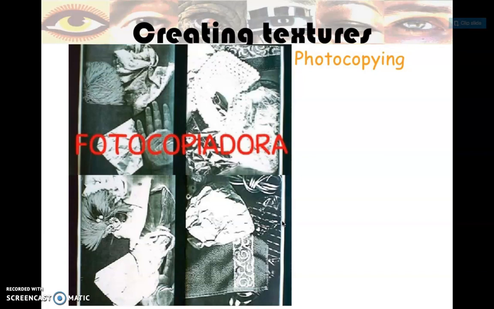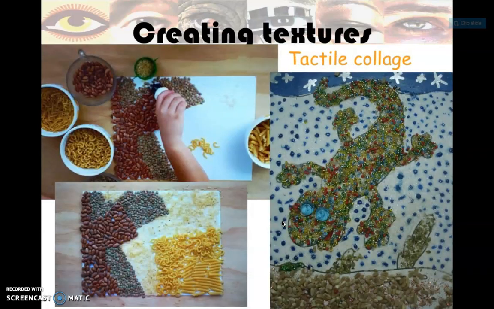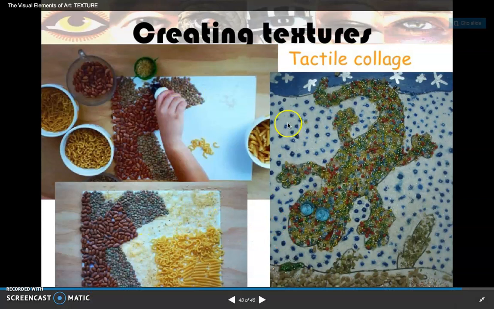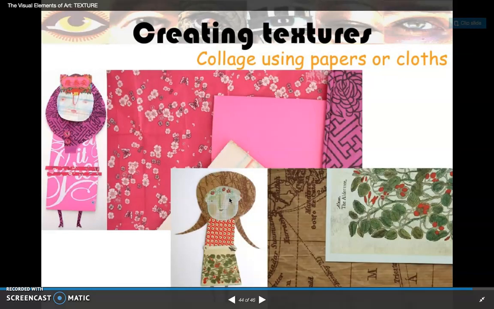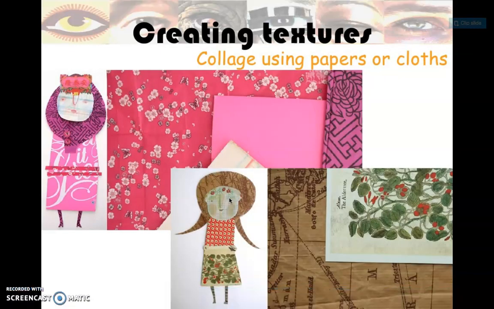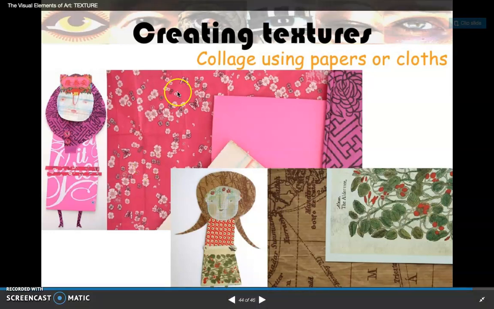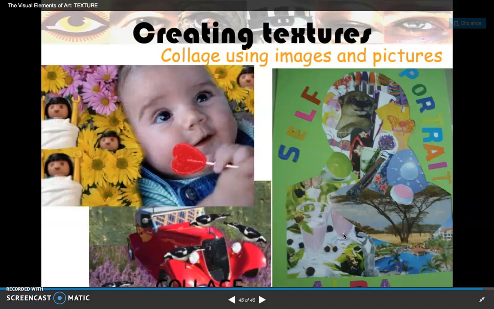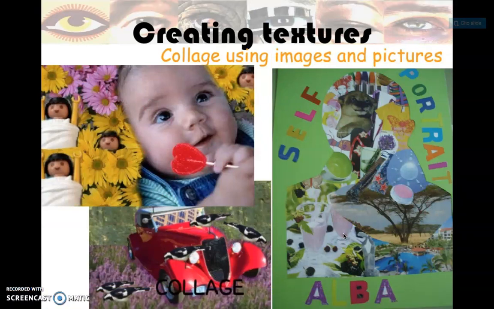Photocopy, well, that's not available right now, but you could do tactile collage, where you could find things in the kitchen or any craft materials that you have, and you can use that. Or use collage, cut up whatever you have, paper, and or here you could do photos. So it could be a collage with photos too.